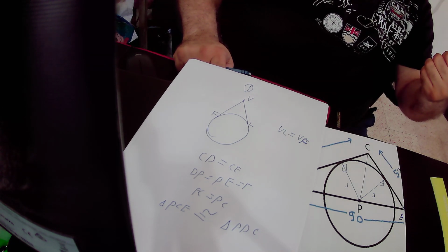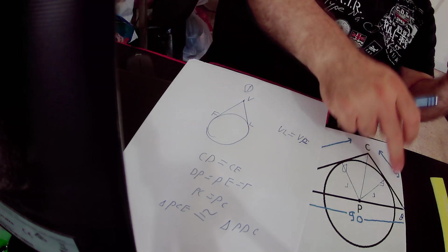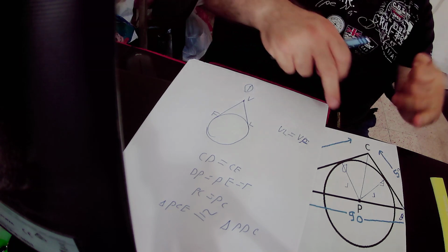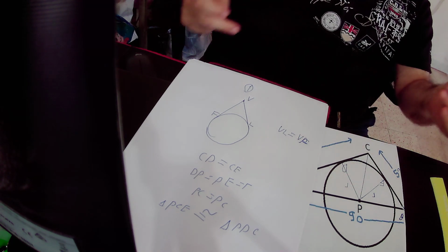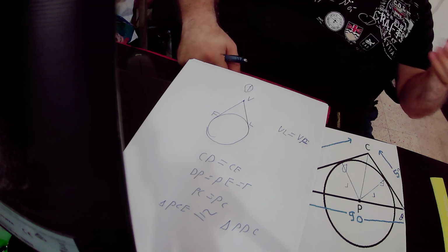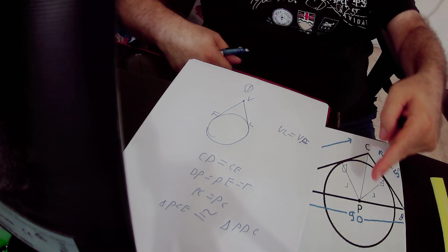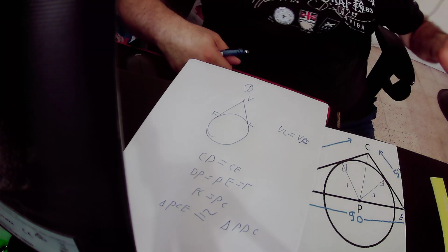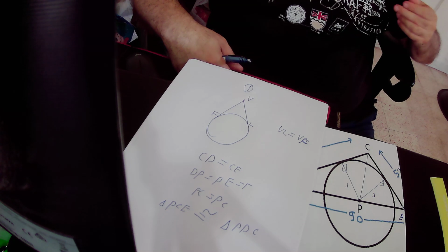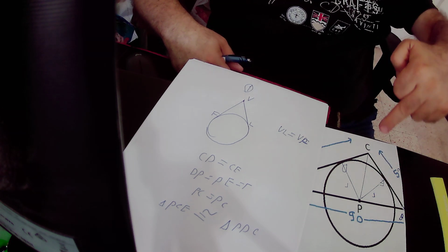So according to our rule, they are equal to each other. So CD equals CE, and also PD equals PE equals R. PD is a radius of the circle, and PE is the radius of the same circle, so they're equal to each other. And of course, PC equals itself.